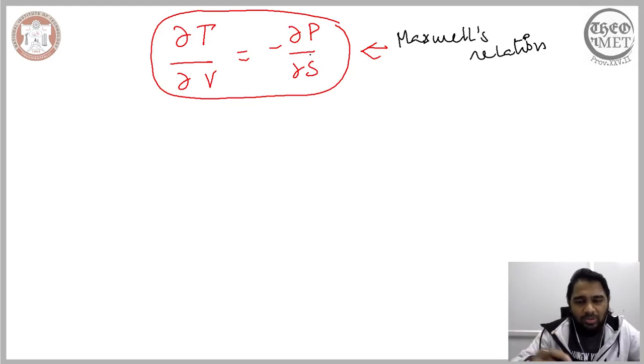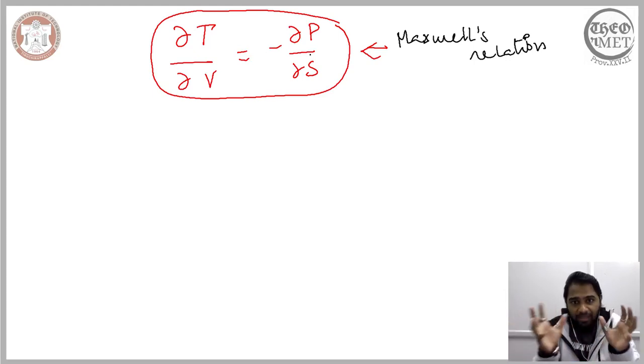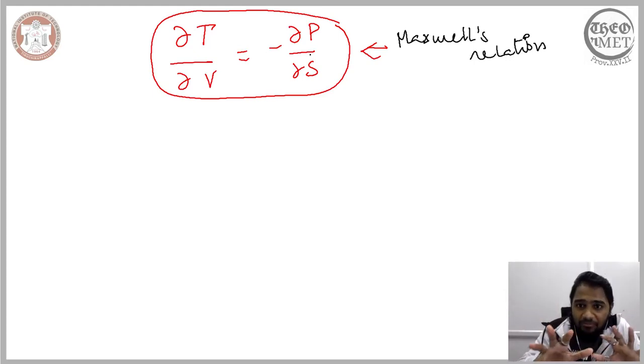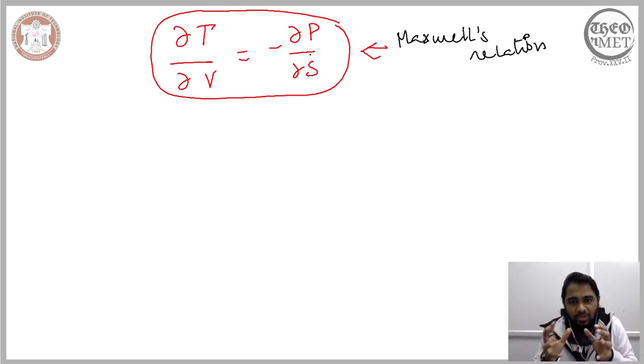So we want a relation that helps us get rid of this particular variable. So far we have not arrived at that, but now we have an approach using which that goal can be reached. So let us see if that goal can be reached using this Maxwell's approach.